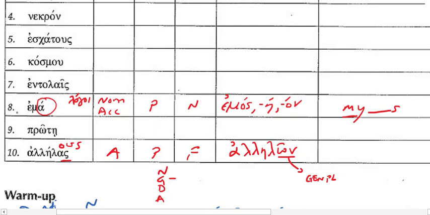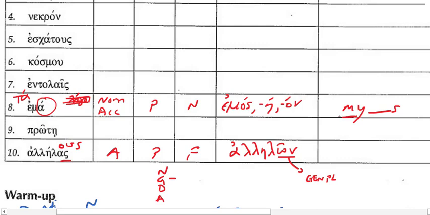Now, here's a little spin. What if it were not an attributive use, but a substantival? Let's say I had something like ta ema. How would you translate that?